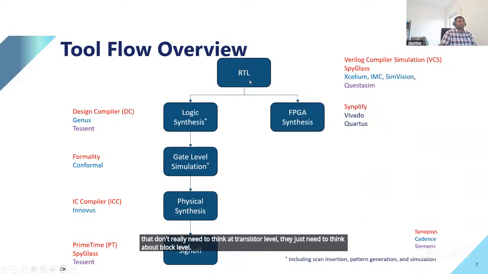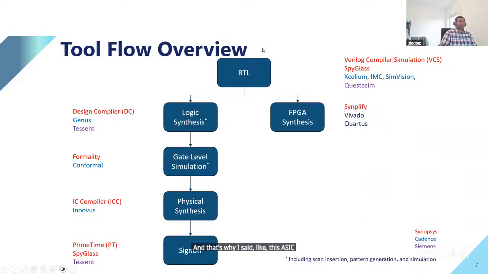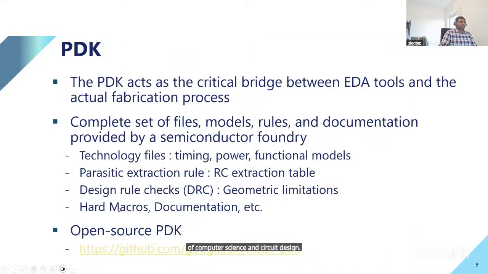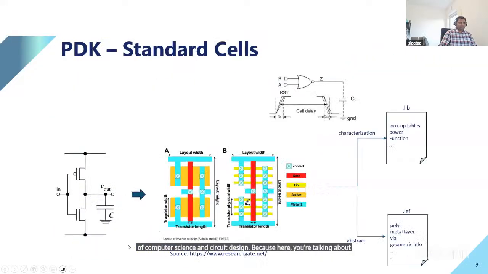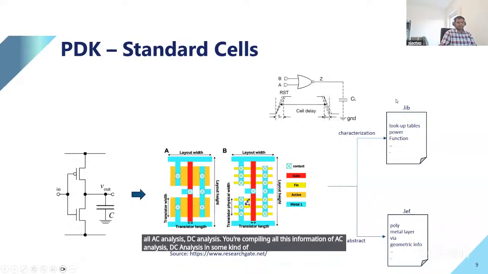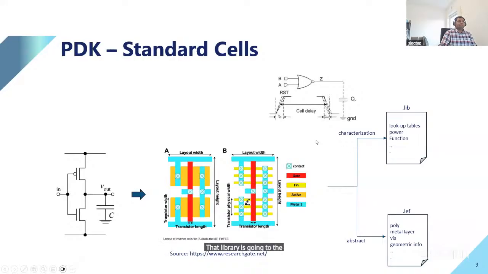And that's why I said ASIC design is a kind of cocktail of computer science and circuit design. Because here you're talking about circuit design, AC analysis, DC analysis. You are compiling all this information into some kind of library. That library goes to the EDA tool, and the EDA tool acts as a computer program.